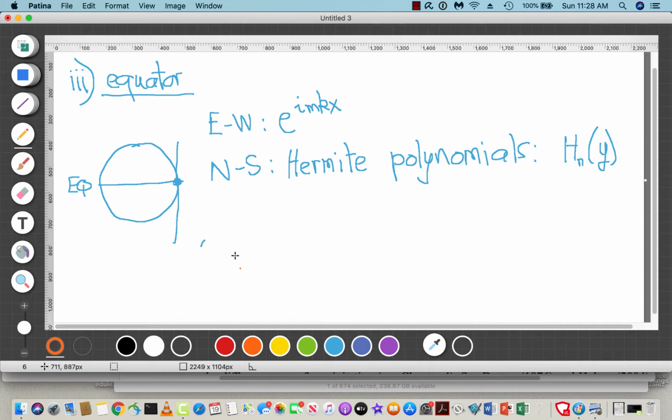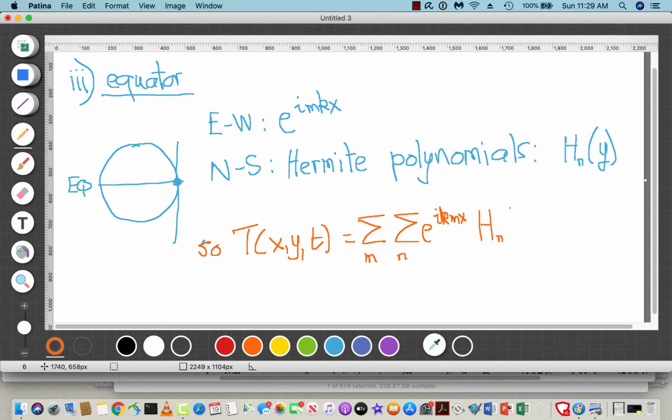So when you're doing tropical work, if you want to write an expansion, your expansion looks like the same sum as usual over m, and now a new sum over n of e to the i k m x in the east-west direction times some Hermite polynomial in the north-south direction, times expansion coefficient m, n, where your time dependence has vanished.